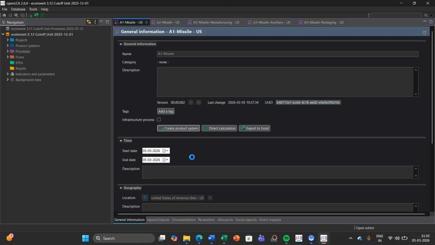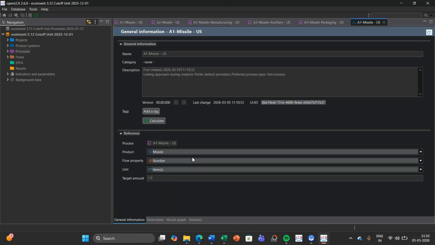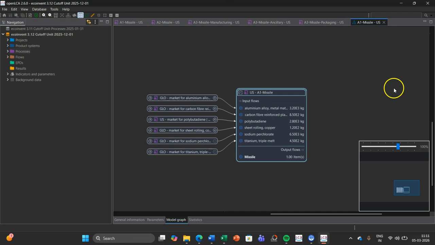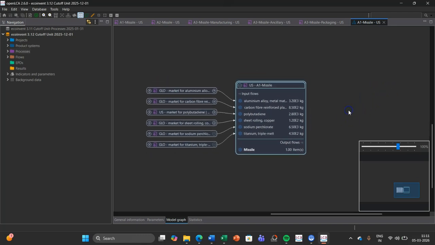Okay. So the model is done for A1. Yes, here it is, A1.